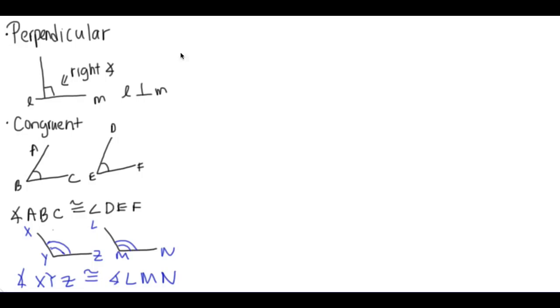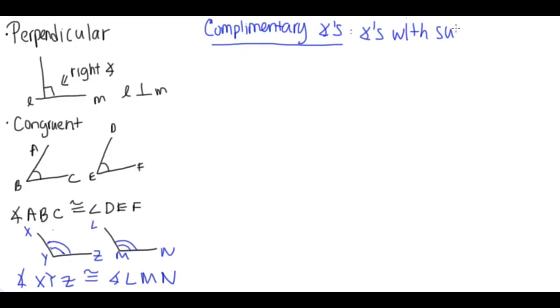Complementary angles are angles whose sum is 90. So this would be angles with sum adding to 90 degrees.